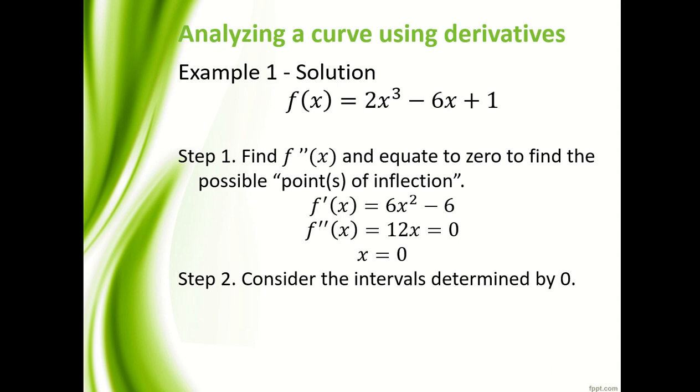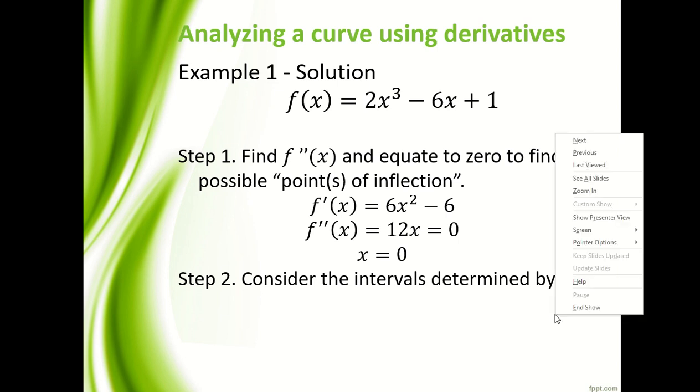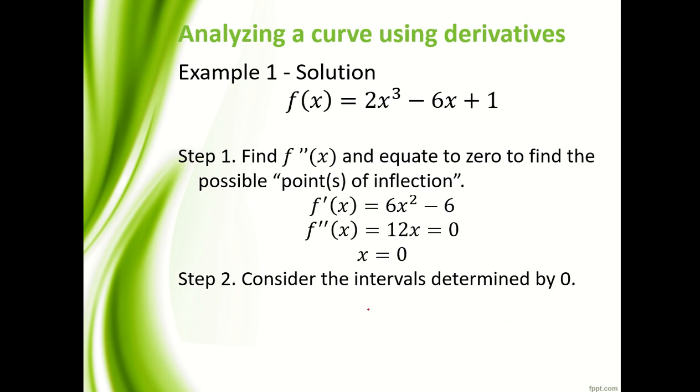What are the intervals? If this is your 0 here, we have this interval, which is negative infinity and 0. This is an open interval. And we also have the other interval, 0 and positive infinity.